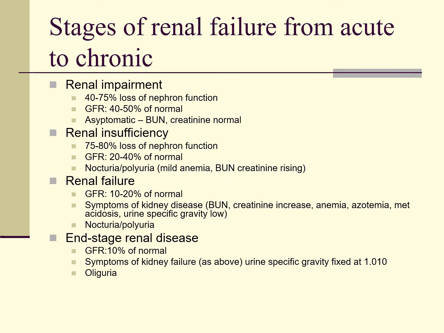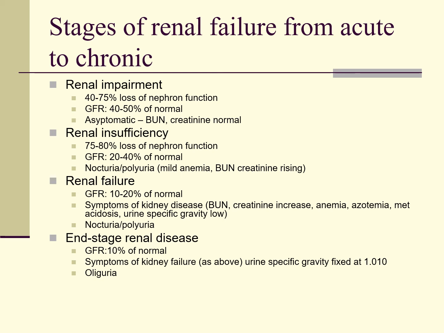Okay, so here's just the progression of renal failure from acute to chronic. And you can see that there are different gradations based on the nephron loss. So you have renal impairment or insufficiency. Now, renal insufficiency really doesn't start till, you can see they only have about 25% of their nephrons left.